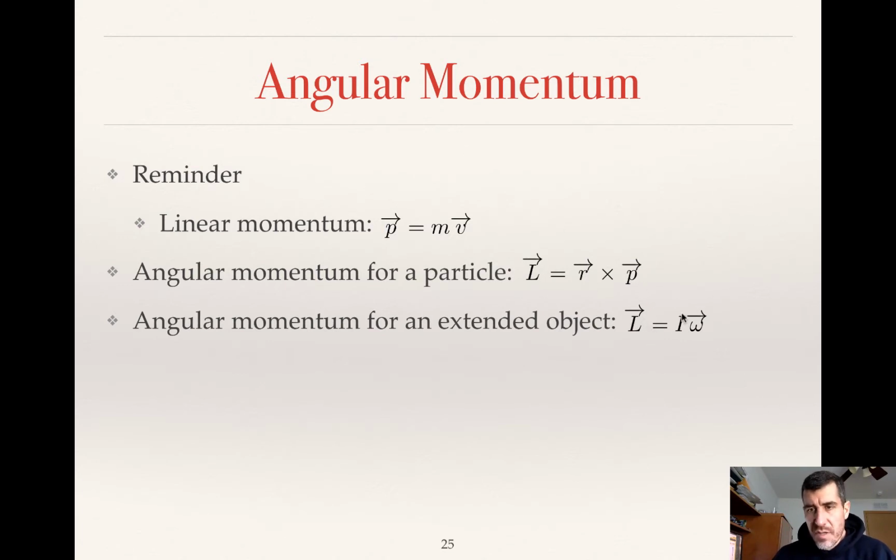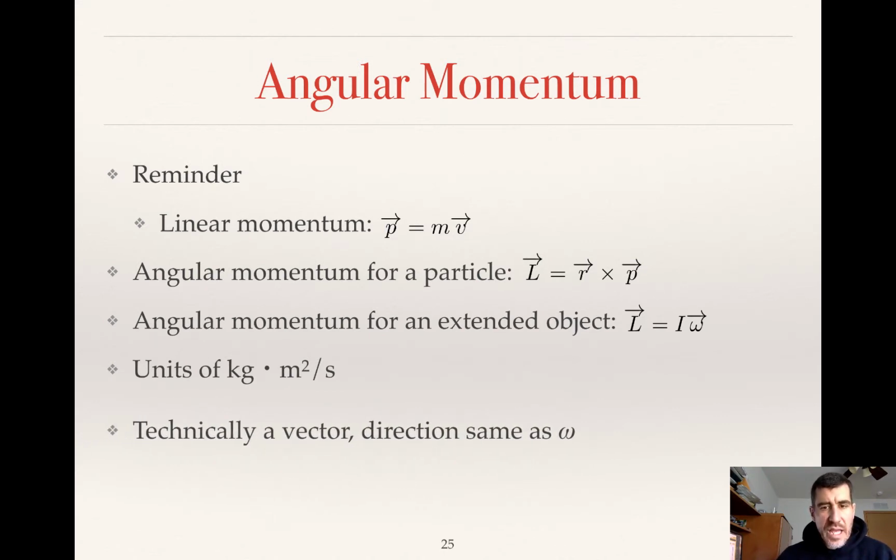You do the integral, and you wind up that the angular momentum for an extended object is the moment of inertia I times the angular velocity omega. Now units, well, it's a distance times a momentum, so SI units are going to be kilogram meters squared per second.